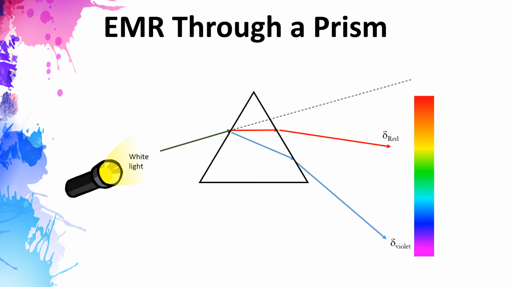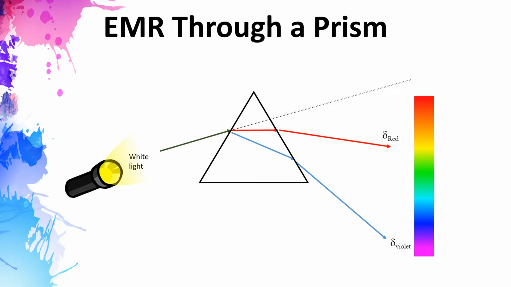This part of the electromagnetic radiation we call visible light. Visible light is electromagnetic radiation which can be detected by human eyes. Human naked eyes can detect only this electromagnetic radiation. We call that part visible light.